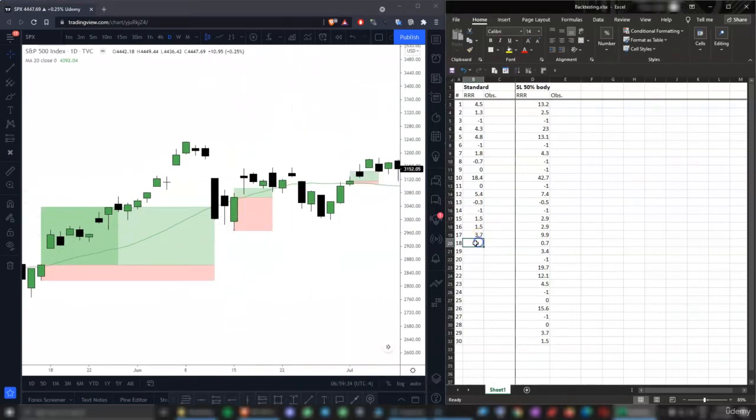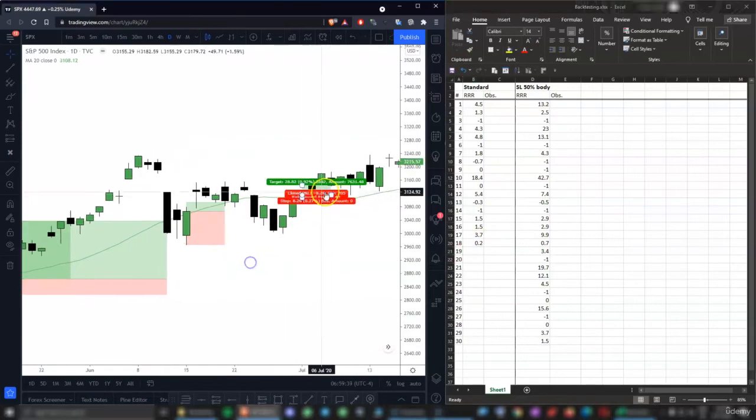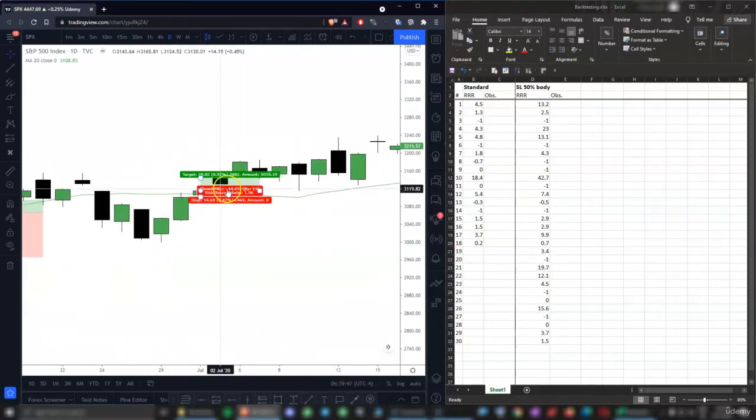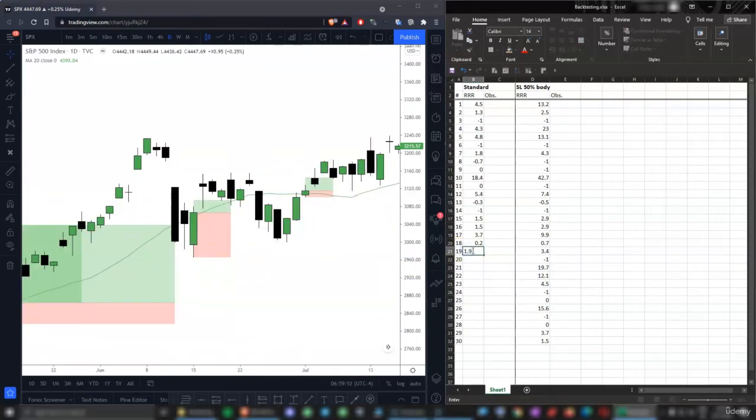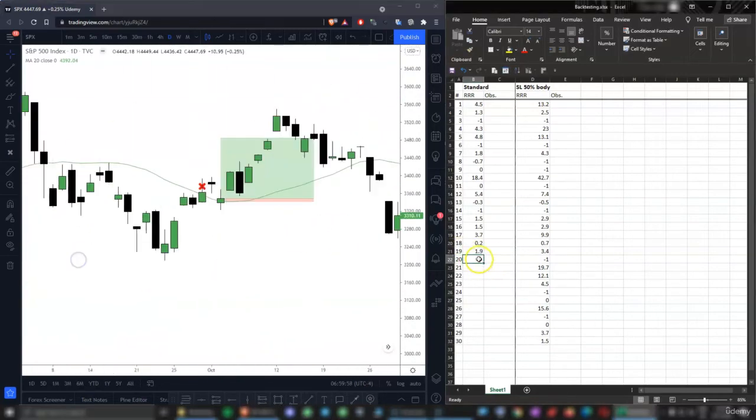0.2 here. 1.9. This is still a loss, -1.